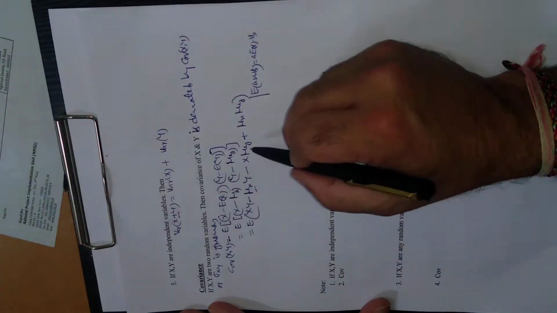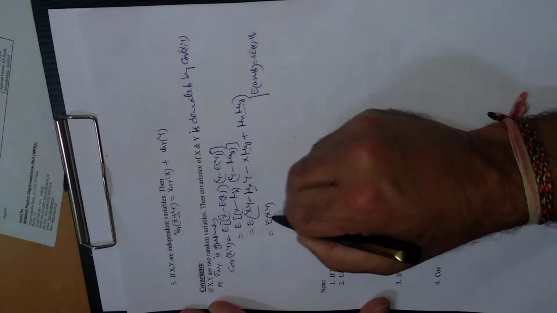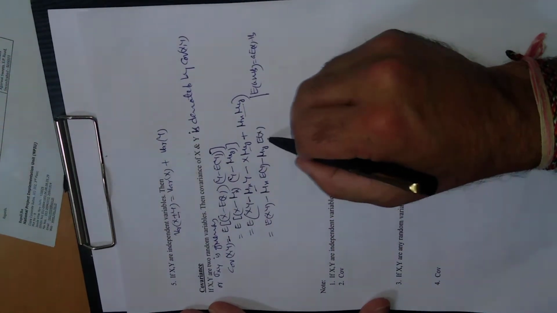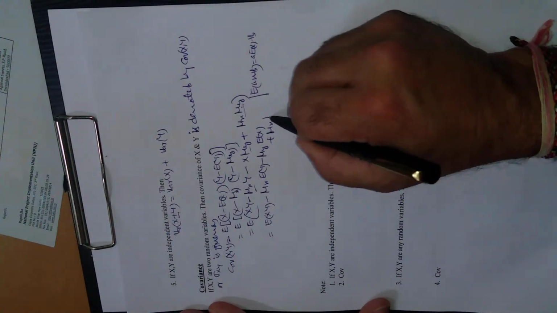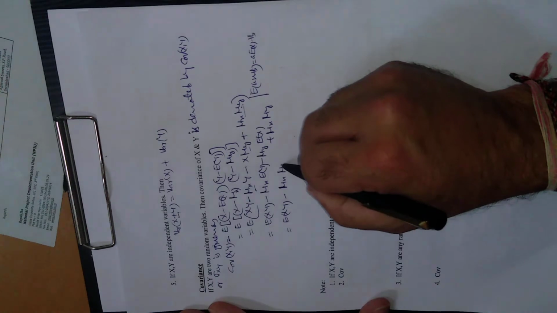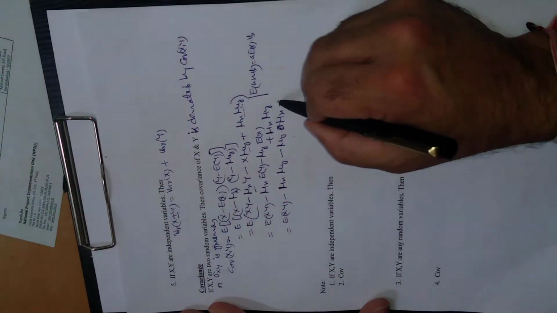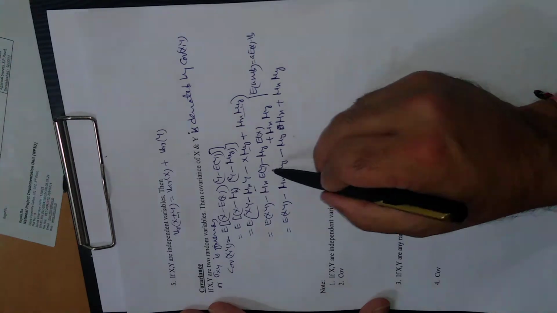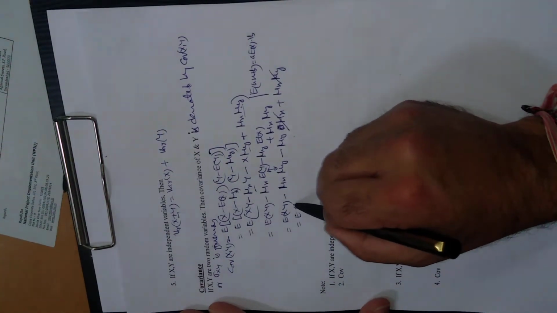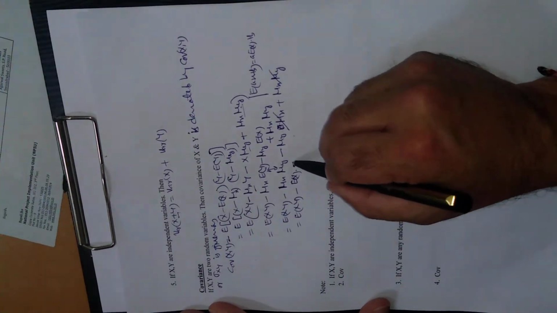Applying this property, with constants coming out, we get E of xy minus mu y E of x minus mu x E of y plus mu x mu y, since the expected value of a constant is the constant. Two of these terms are similar, so cancelling them, we get E of xy minus E of x E of y.